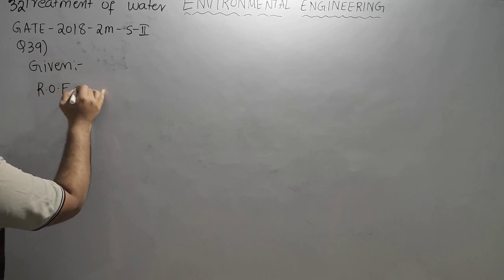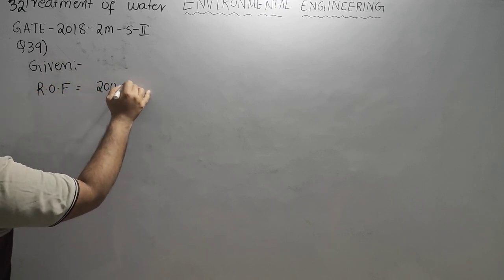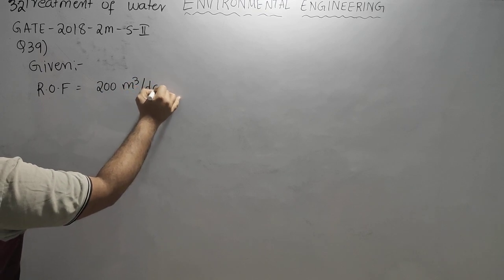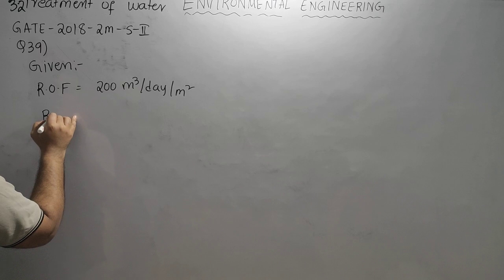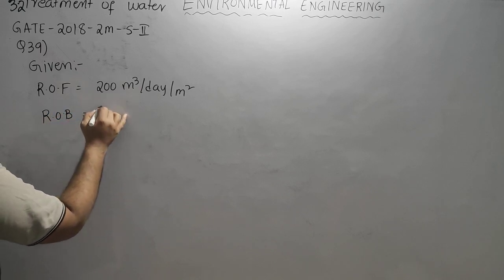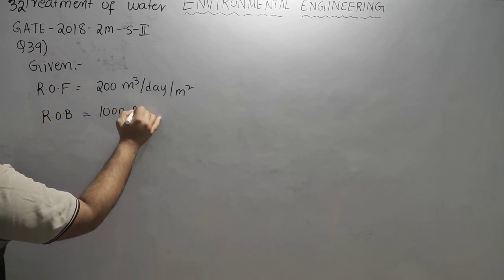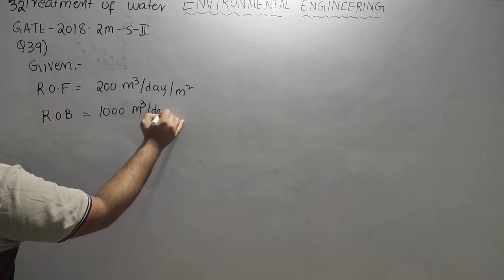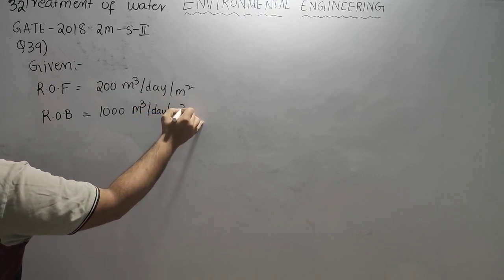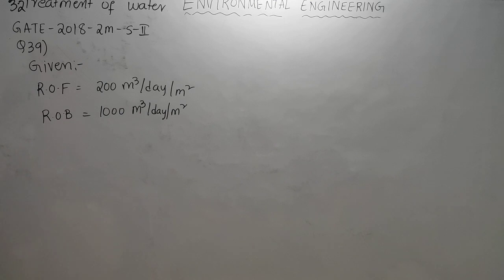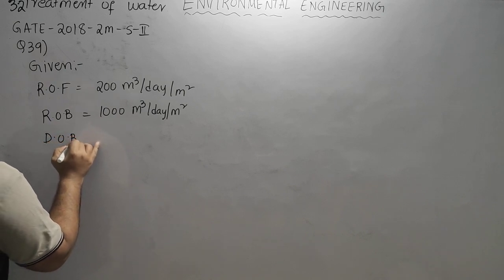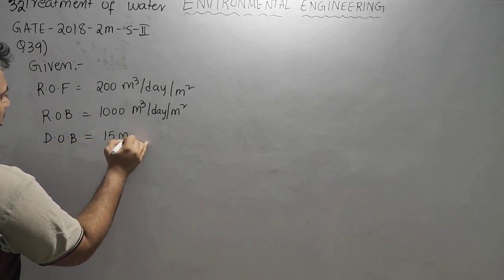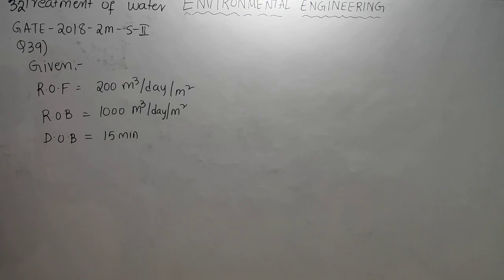Rate of filtration is 200 meter cube per day per meter square, and rate of backwashing is 1000 meter cube per day per meter square. Now backwashing we do for 15 minutes. Duration of backwashing is 15 minutes.